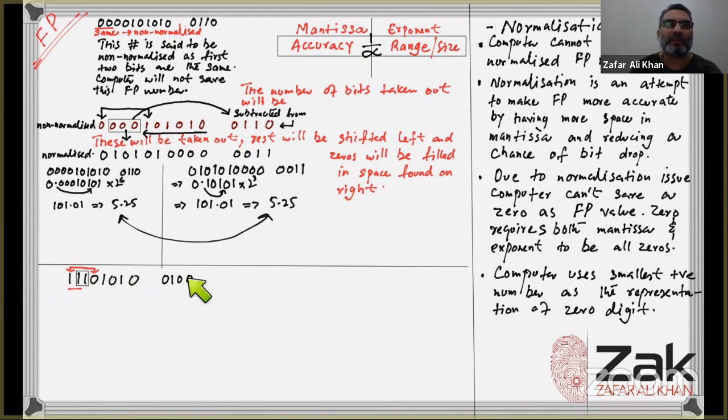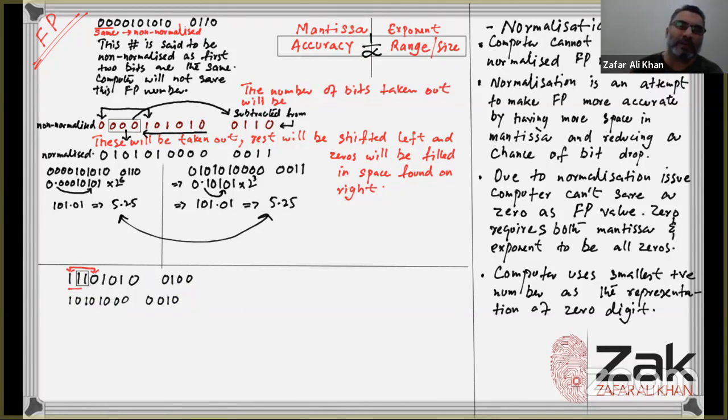The effect would be that this is 4. 2 will be subtracted from it, and this would become 2. Now we can see, this has become 101010, and these two zeros are fitted in because these bits are moved towards the left, leaving these two spaces blank, and we will put 0 in them. And this 4 has become 2 because we have subtracted the number of bits removed from the exponent.